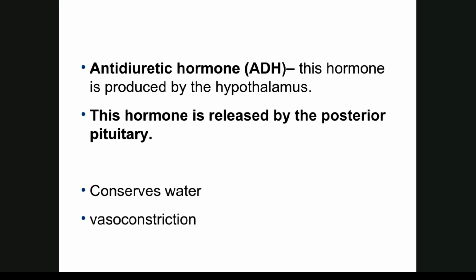Antidiuretic hormone is produced in the hypothalamus, stored in the neurohypophysis, also known as posterior pituitary. It conserves water. It also causes vasoconstriction. So antidiuretic hormone will increase the blood pressure.